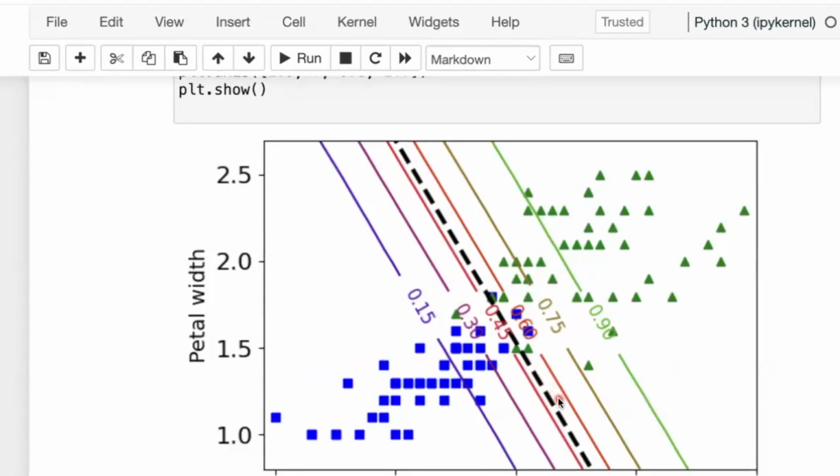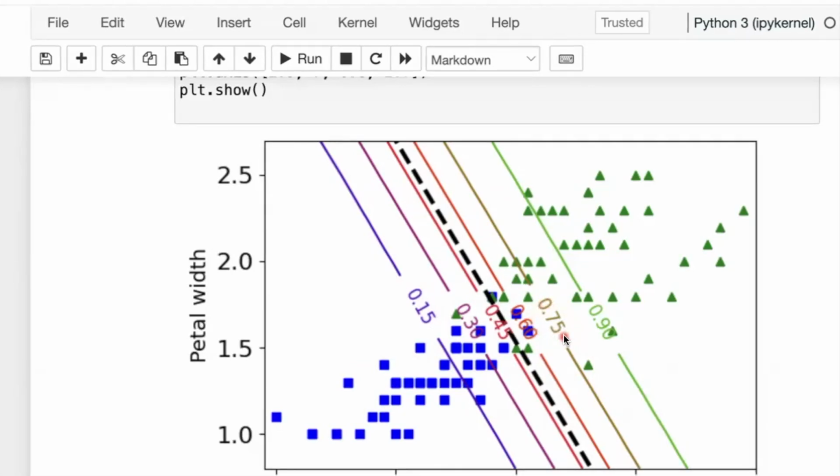So what you do when you use .predict, when you're using a probabilistic classifier, you use this 0.5 line as a way to distinguish between the two classes. But as we said, we can always move this line to the right or left if we change the probability, meaning that saying that, well, if the probability that a data point belongs to the positive class is at least 0.75, then it's positive, and if it's below 0.75, then it's negative.